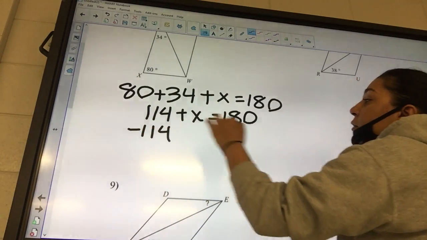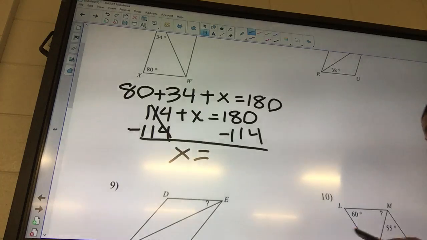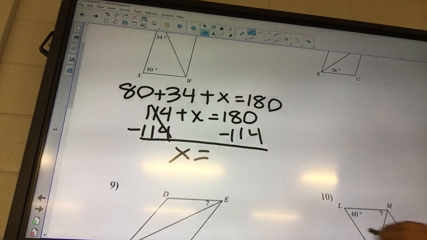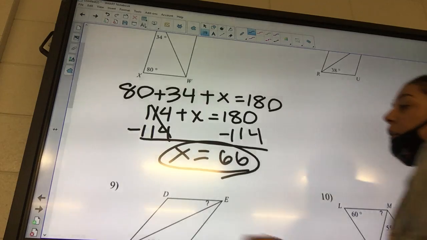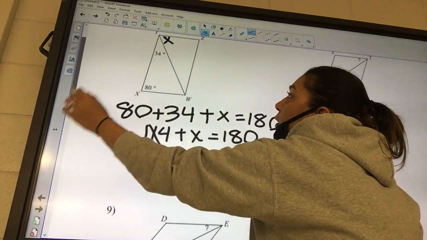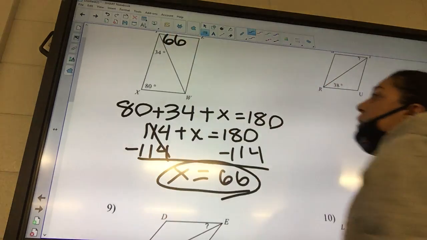Minus 114, and we get X equals 66. Good job, Gerald. You can erase this if you feel like and put 66 there.